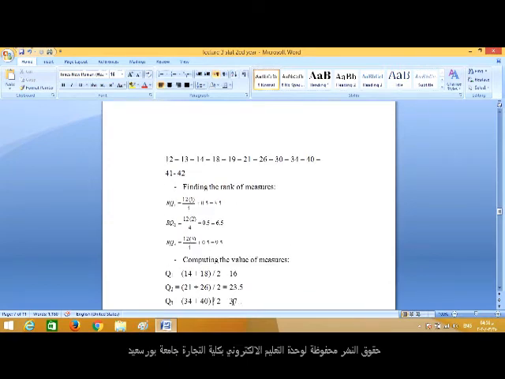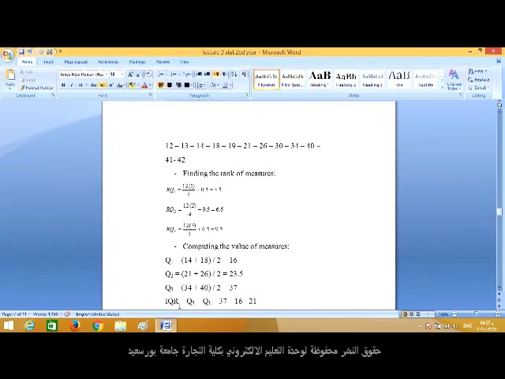The third quartile is at rank 9.5, so it's the middle of the 9th and the 10th: 34 plus 40 divided by 2 equals 37.